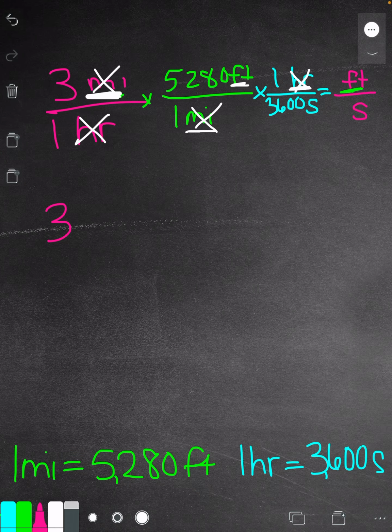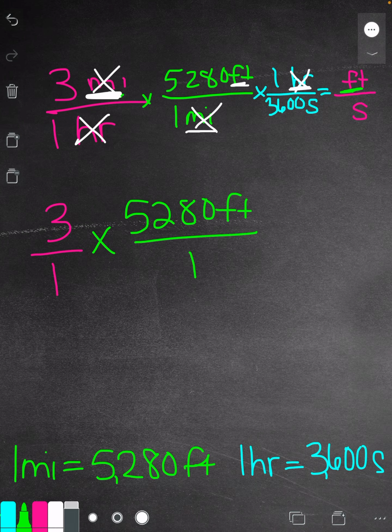So we have 3 over 1 times 5,280 feet over 1 times 1 over 3,600 seconds. All right, now we can actually multiply across.